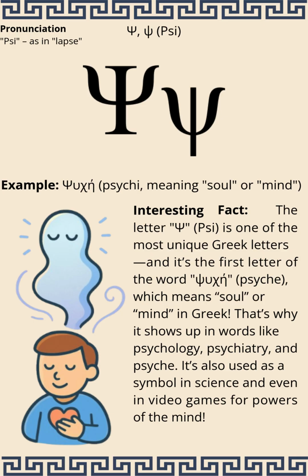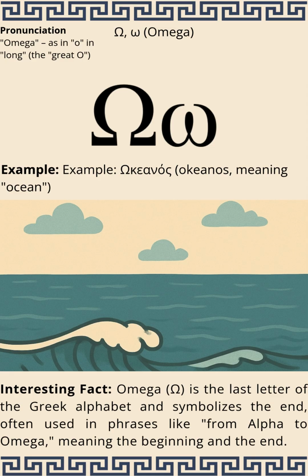Then we have psi, ps; and the last letter of the alphabet is omega, o, as the omicron that we saw earlier.